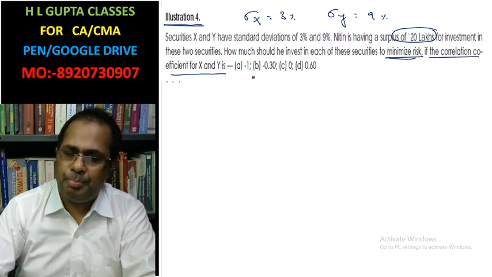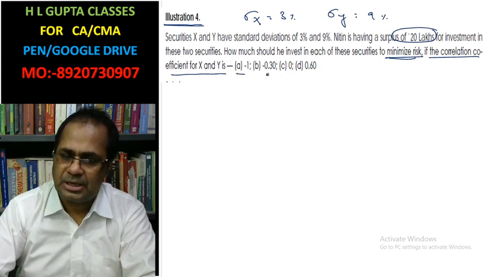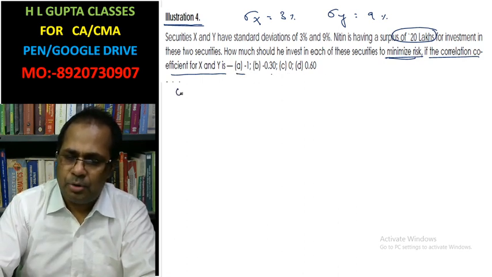Now, please try to understand. Correlation coefficients are given. So the weight for minimum risk is calculated.